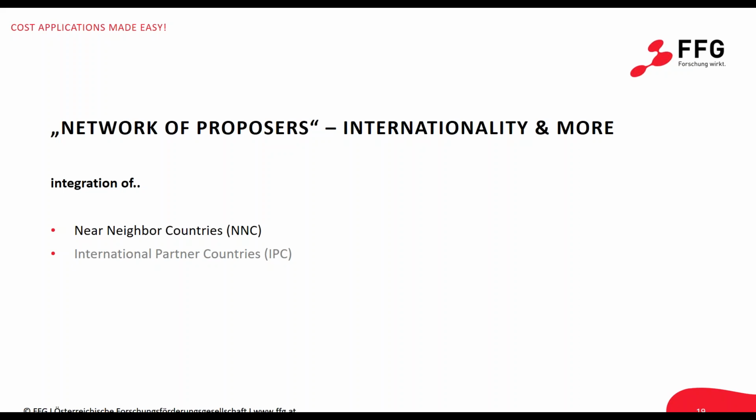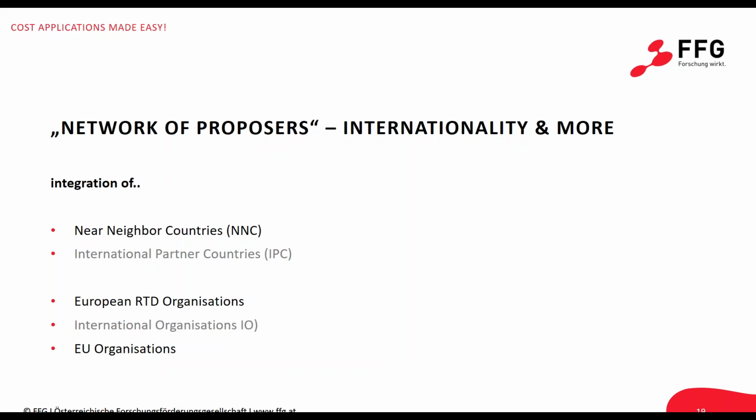Looking a little further, COST, as I said before, is a very open program. So it's not only open to the COST member states, but also to the so-called near neighbor countries and international partner countries. And we also had that during the poll. Not only that, but also European RTD organizations, international organizations like, for example, the UN, or EU organizations like the European Commission itself.